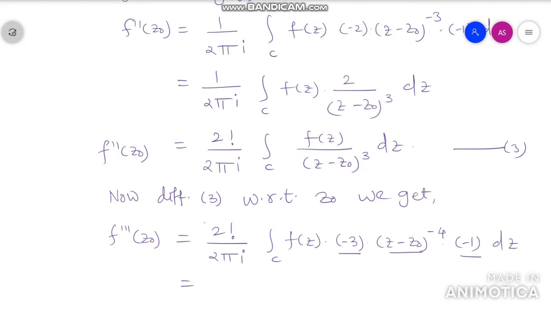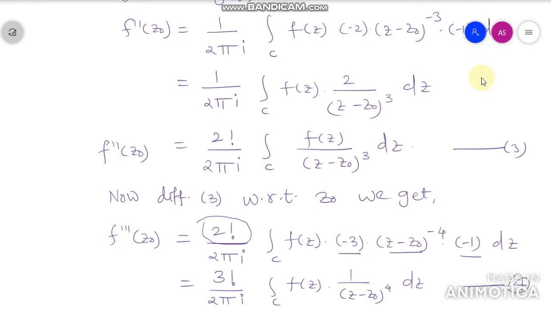Positive 3 into this 2 factorial becomes 3 factorial divided by 2 pi i into integral over C f of z into 1 upon z minus z0 raised to 4 dz. This is equation number 4.